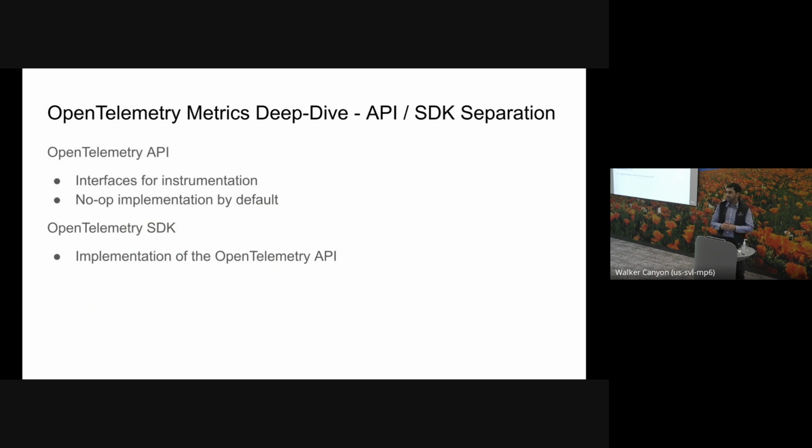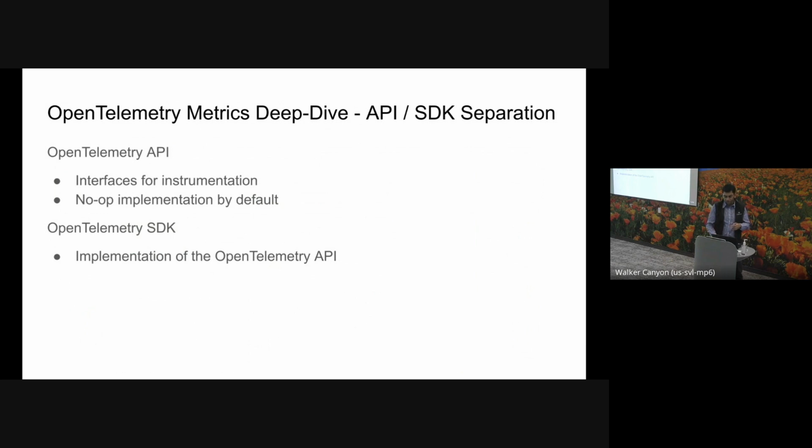So the idea is if you are a library author, and for us that's gRPC, gRPC would be using the OpenTelemetry API to actually record metrics, right? But if we just use that and say, gRPC, record metrics for me, nothing would work. You would actually need to plug an OpenTelemetry SDK into the gRPC OpenTelemetry plugin to make things work.